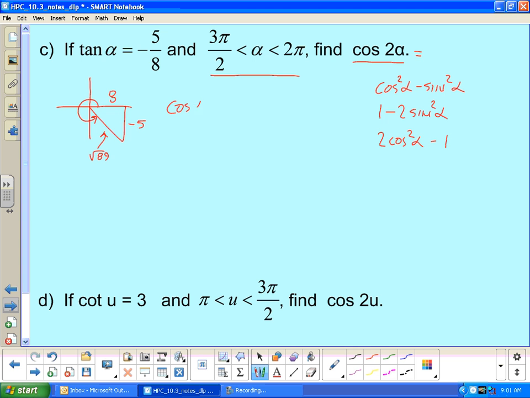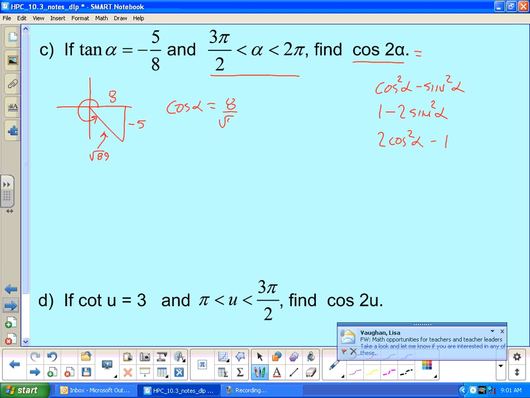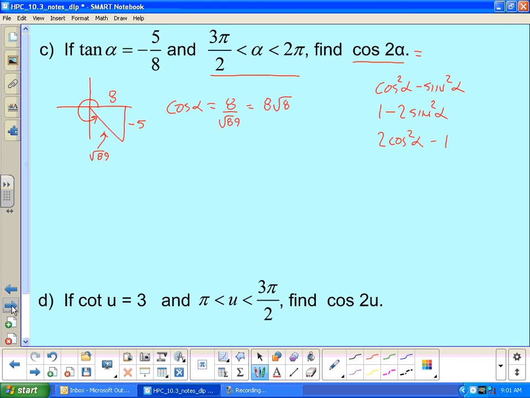We're going to need cosine alpha and sine alpha anyway. So let's see, a cosine alpha would be 8 over root 89, which becomes 8 root 89 over 89. And our sine alpha is a -5 over root 89, which becomes -5 root 89 over 89.